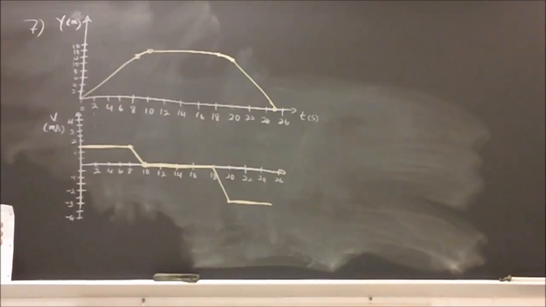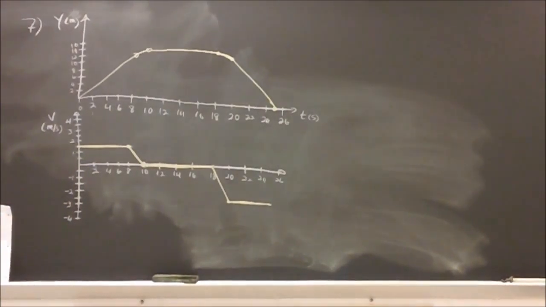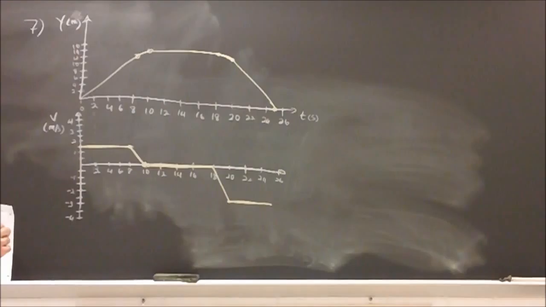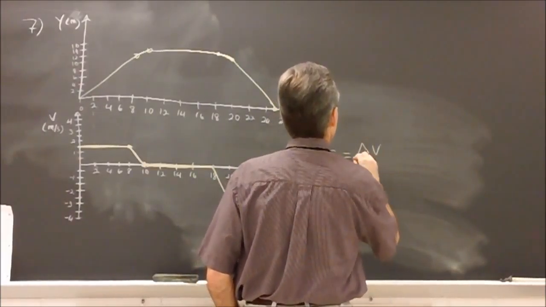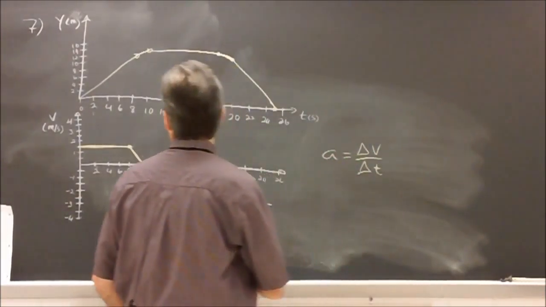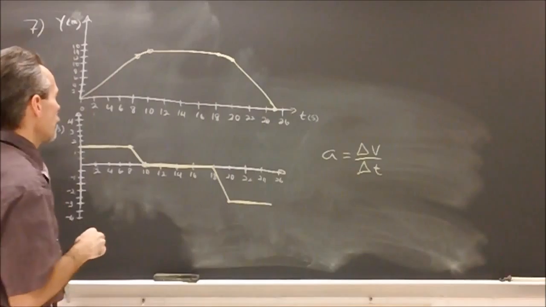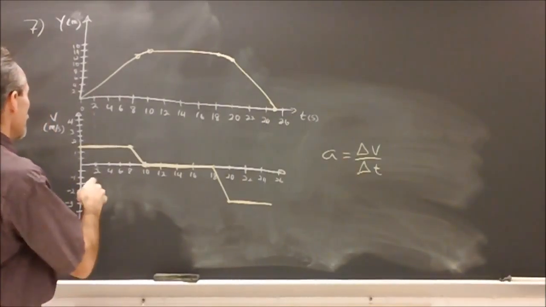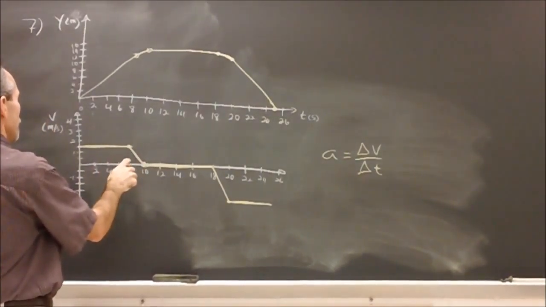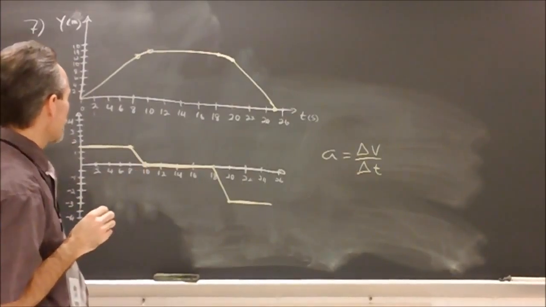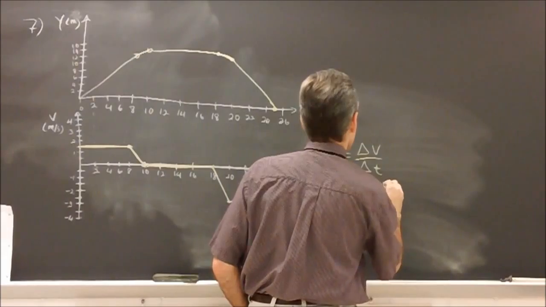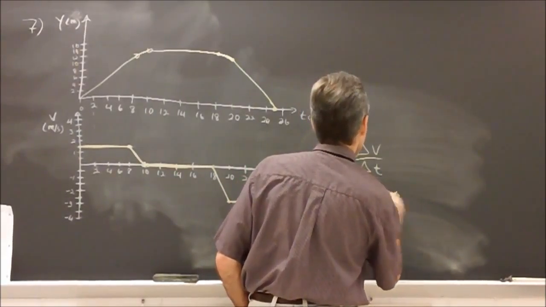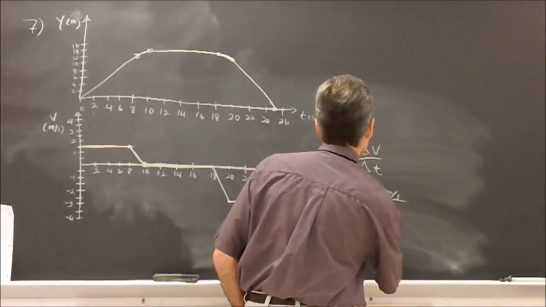Okay, then calculate the magnitude of the average acceleration between 8 and 10 seconds. Acceleration is defined as the change in velocity over change in time for this time interval here. So the change in velocity goes from 1.5 to 0, so it's going to be 0 minus 1.5 meters per second divided by time of 2 seconds.